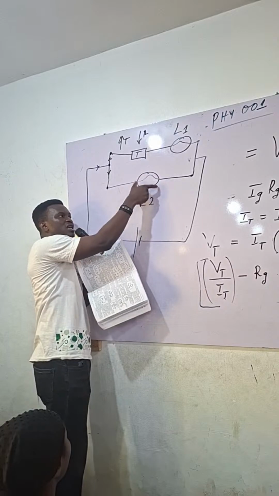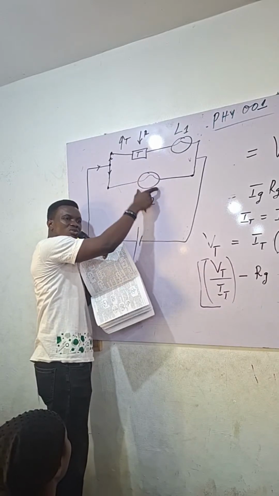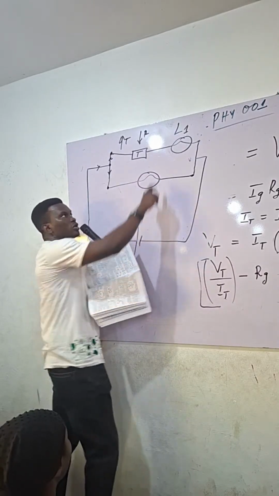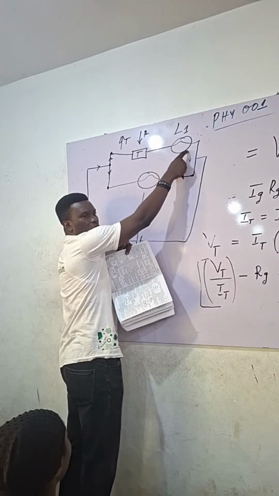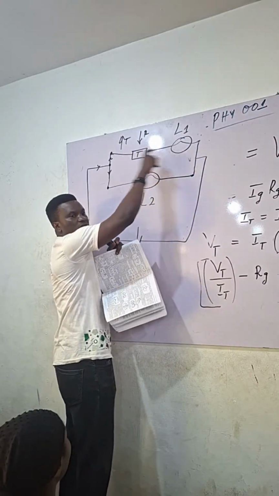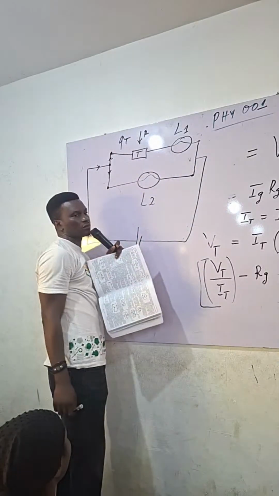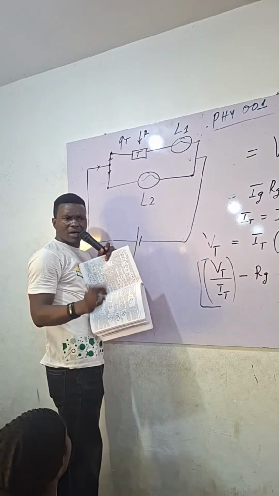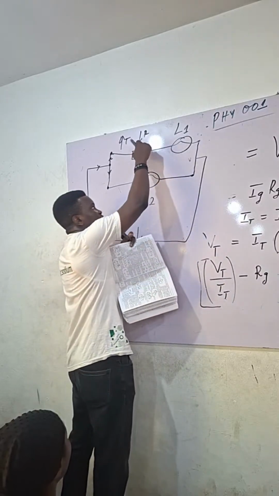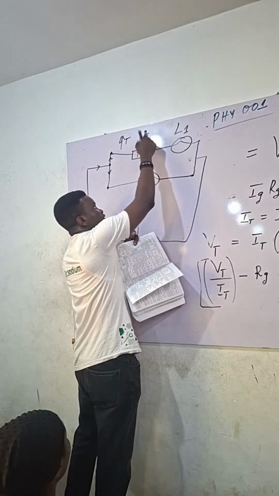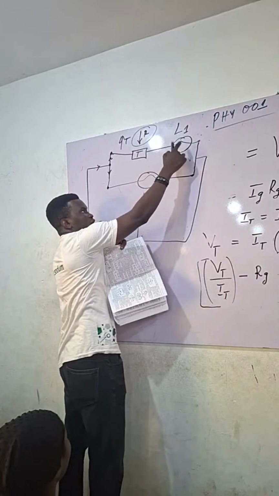So the brightness of this one remains what? Constant. It does not change. The only one that will be affected is this one, because as you are decreasing resistance, the voltage will be dropping or increasing. Do you get that point? So what is affecting this now is the resistance connected to this.